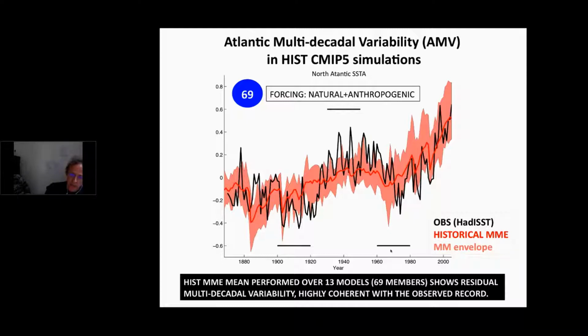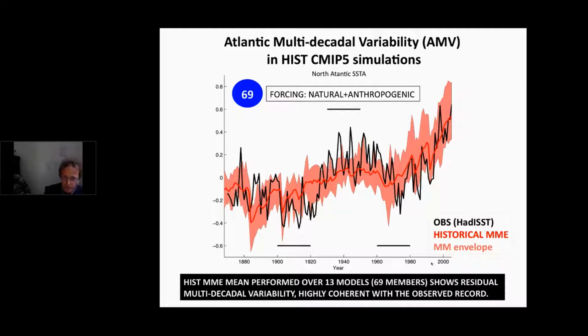And if we look at how the AMV looks in observations, which is the solid black line, and we compare it to the CMCC models in the historical simulations, what you see is that there's a remarkable coherency or agreement between the simulated AMV and the observed AMV for the 20th century.